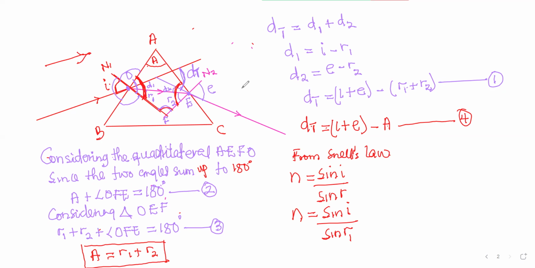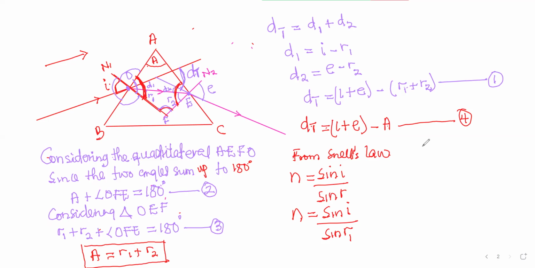We can also move in this direction. The light can also be incident at AC. Here we are clearly making the light incident at AB. We can also decide to make the light incident at AC and use that to find the refractive index.